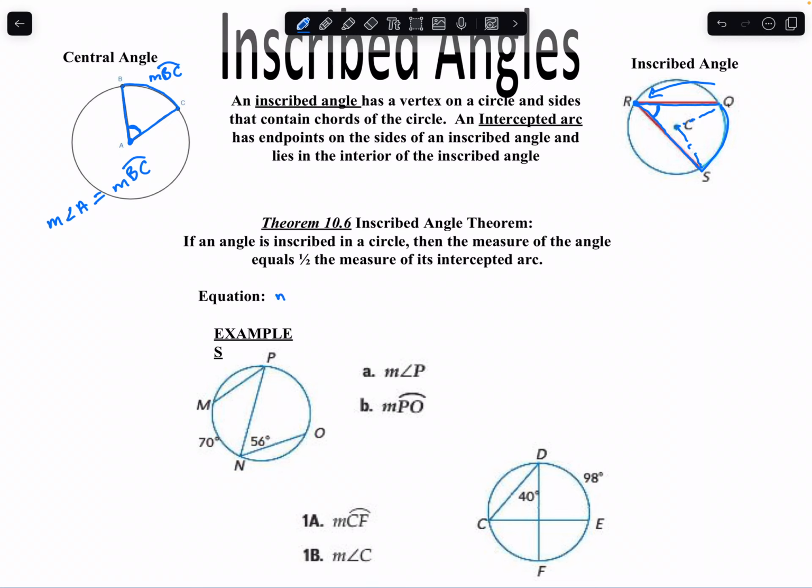Measure of angle R is equal to half measure of arc QS. In terms of words, the inscribed angle, this is our inscribed angle, will always be equal to half of the measure of the intercepted arc.